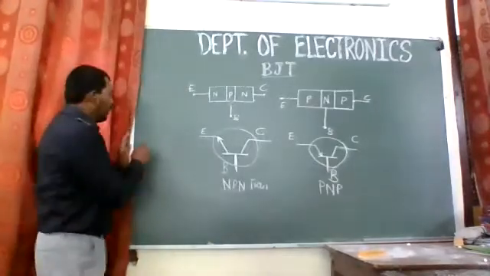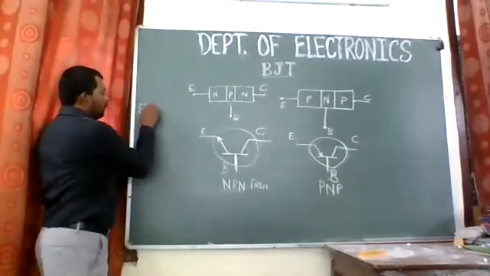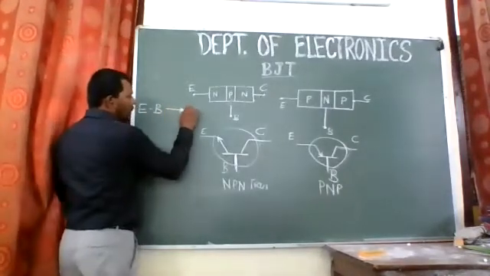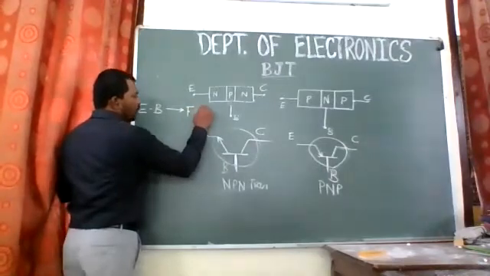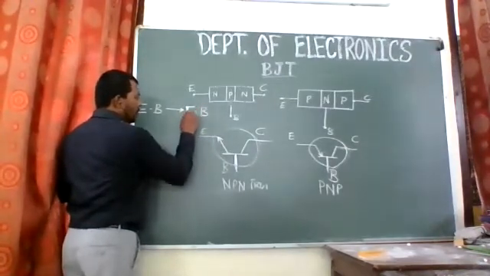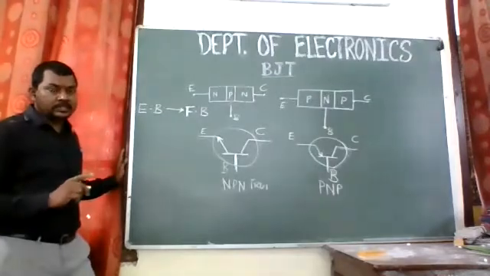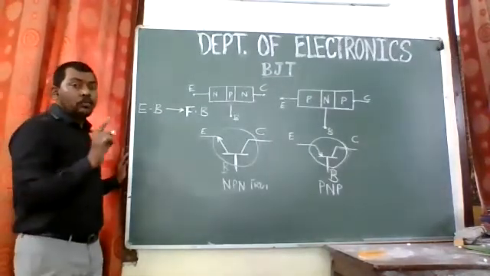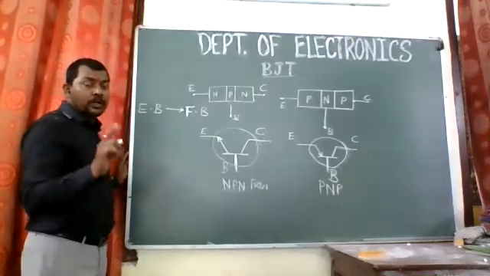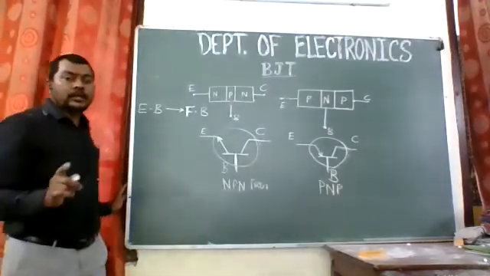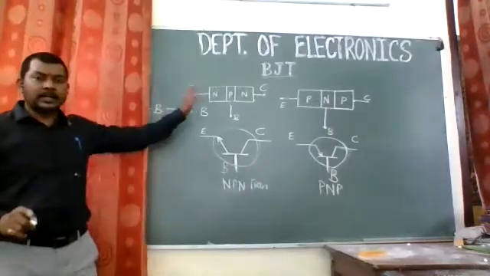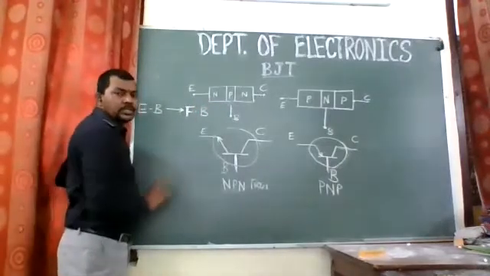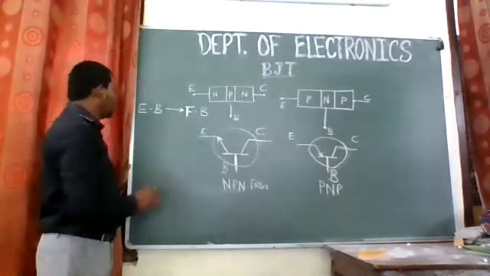The emitter base junction should always be forward bias. Remember the word forward bias. These are general statements. If you have understood how the diode was connected in forward bias, you can simply connect this transistor also. So the emitter base junction should always be forward bias.